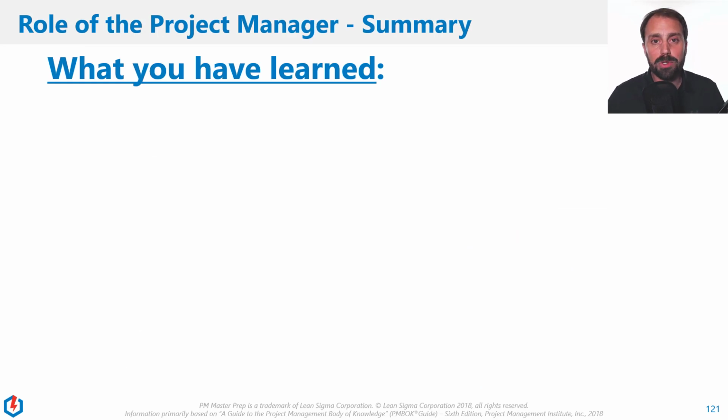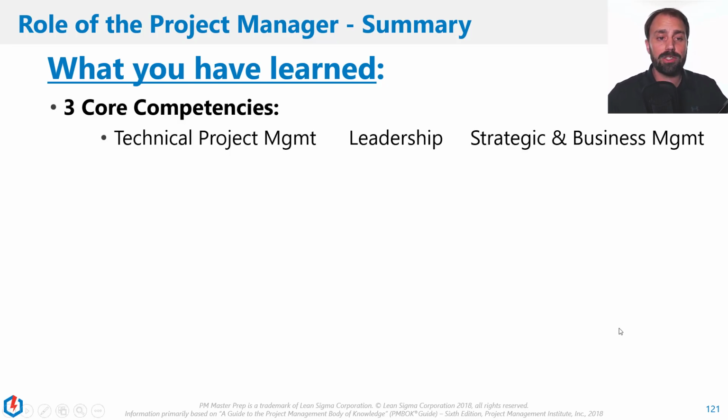Okay, so now as we come to the end, I want to review what we've learned in this video. We've been talking about the role of the project manager, and we went deeper into phases and life cycles and gate reviews. We need to summarize what we've done. All right, so we talked about the 3 core competencies of a project manager.